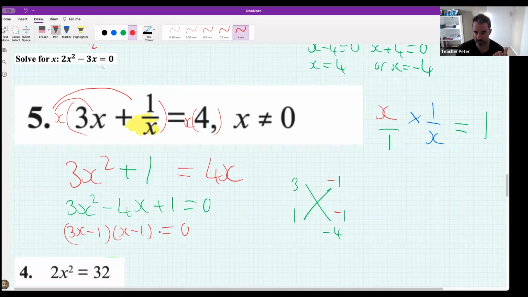So this does factorize using a normal trinomial. Can you put the answers that you get in the chat once you're done?